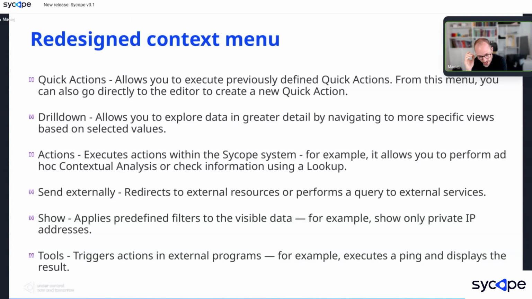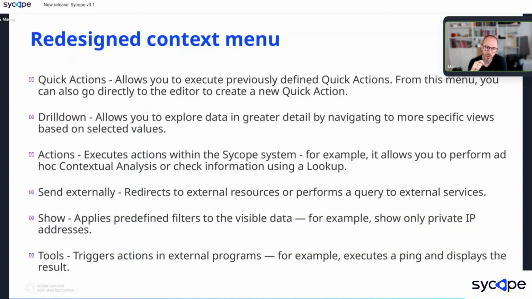So we said, okay, for security or compliance reasons or whatever, we need to stress a little bit more that certain things are moved externally. So right now, whenever what you are doing in a right-click context menu will lead you to move outside of Sycope and possibly send some information externally to other systems, it should be moved to the send externally context menu group.